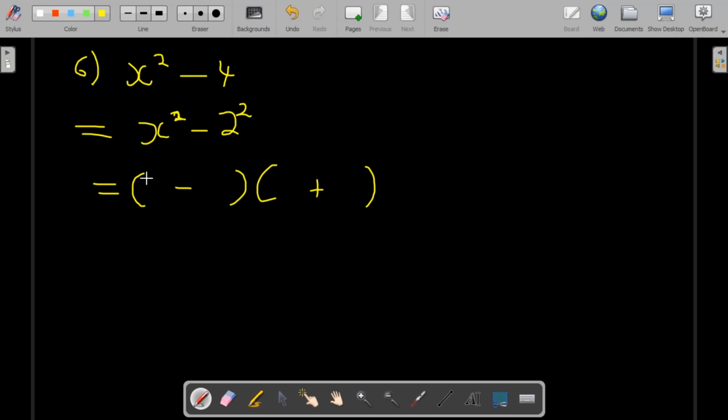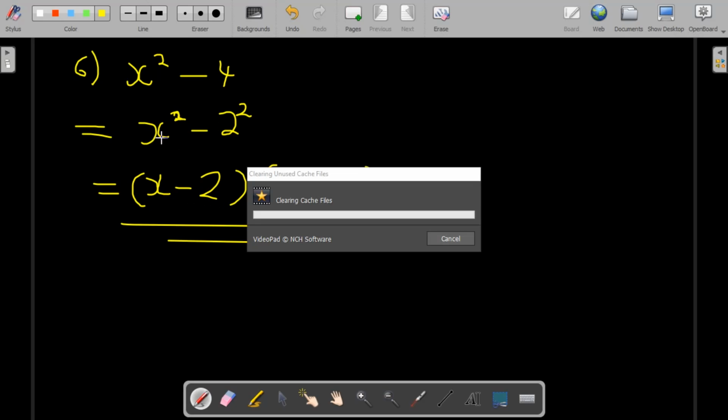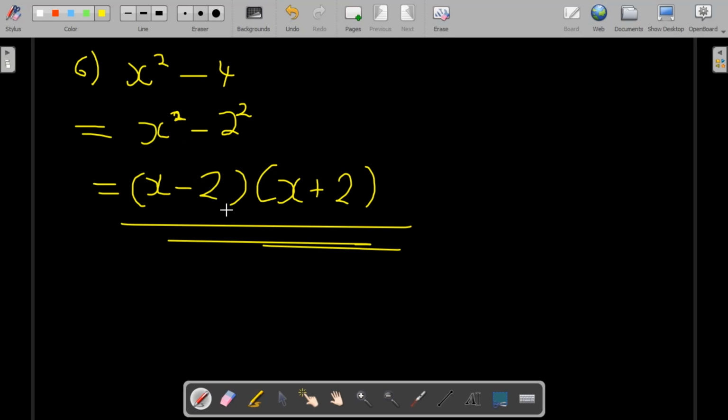So x squared is the same as x and x there, and then 2 squared is the same as 2 and 2 there. So when you say x multiplied by x, it will give us x squared. Negative 2 multiplied by positive 2, it's negative 2 squared. So that's what we have.